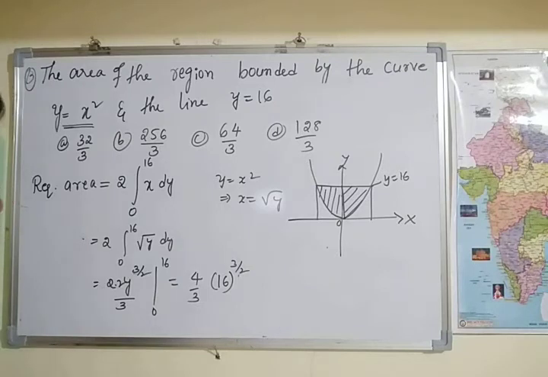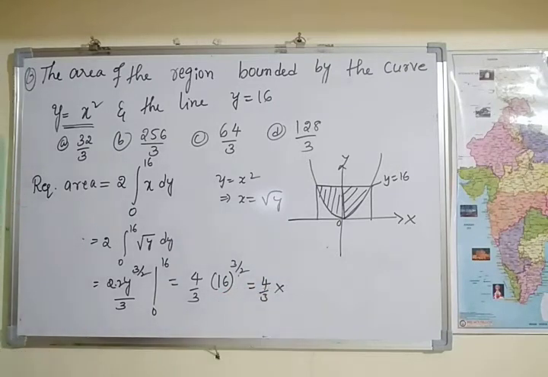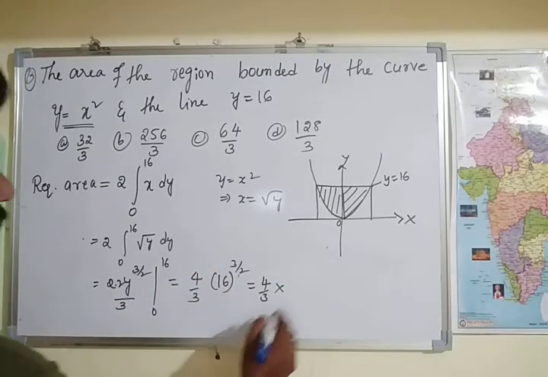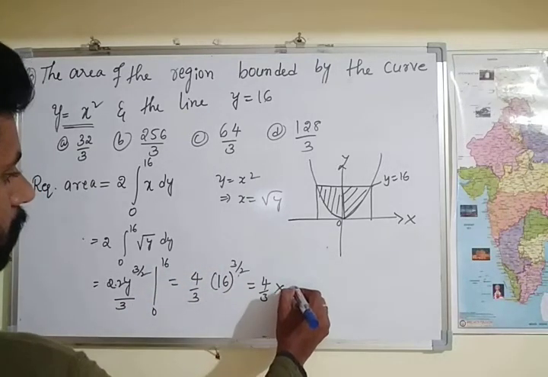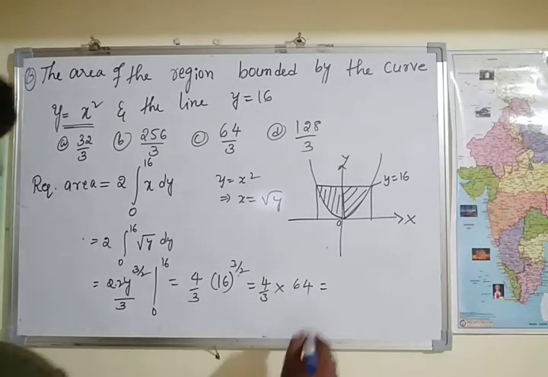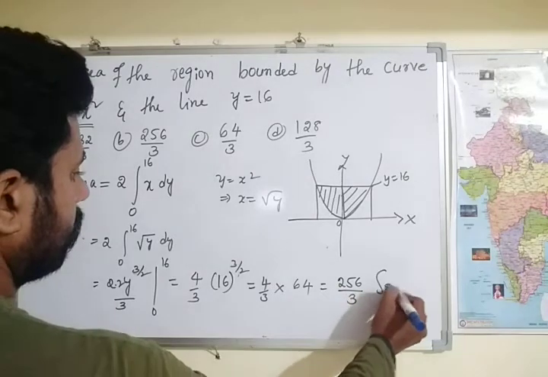Here 16 to the power 3 by 2 equals 4 by 3 into root of 16, which is 4, to the power 3. See, this result equals 4 into 64, which is 256 divided by 3 square units.